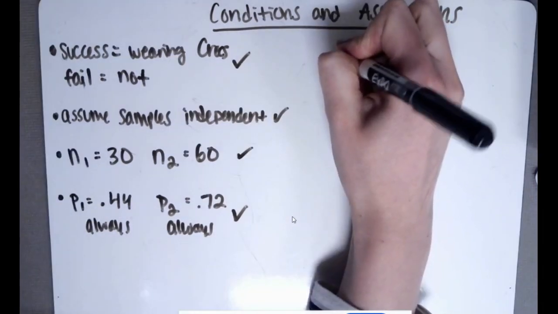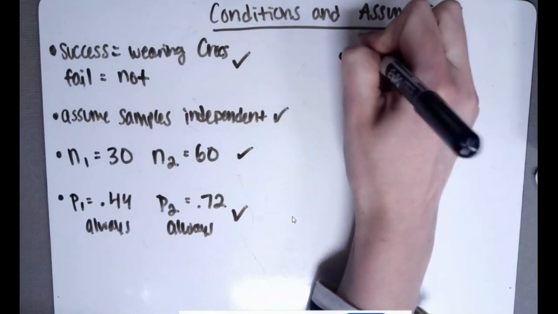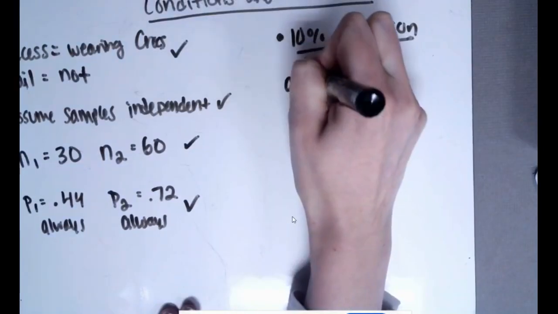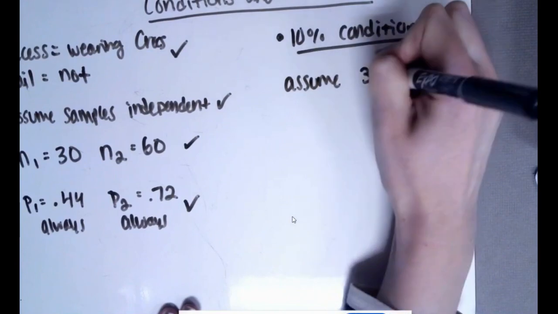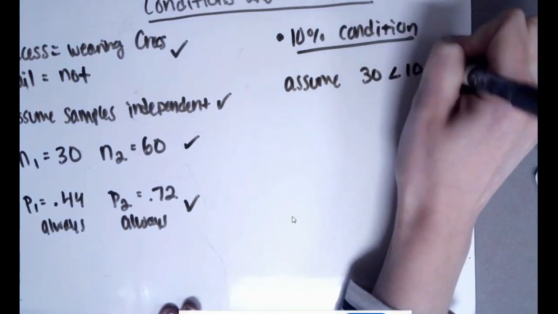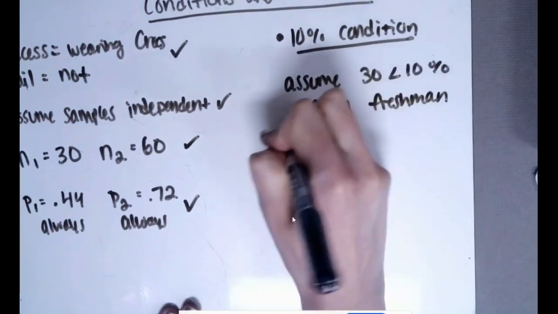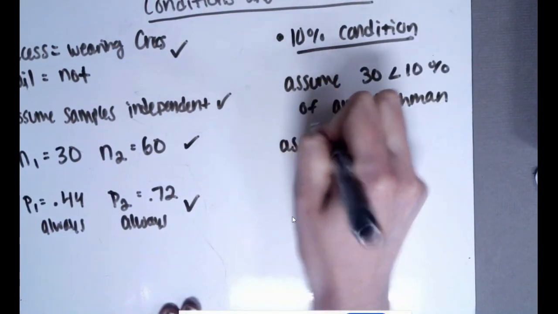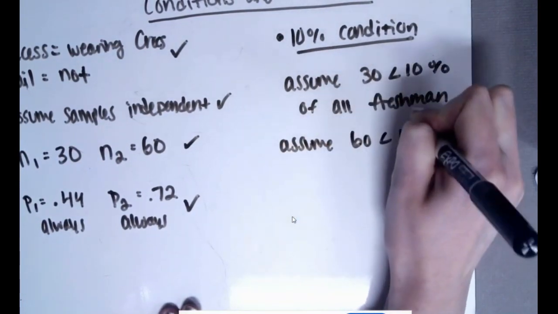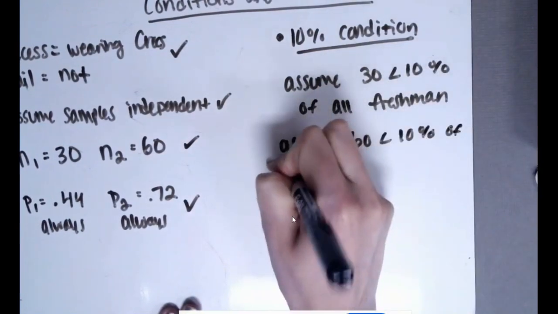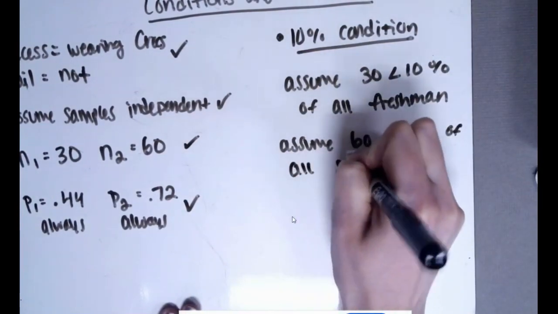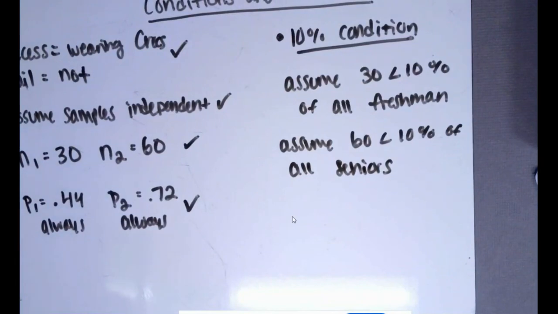So we're going to go ahead and assume for our 10% condition that 30 is less than 10% of all the freshmen. And we're also going to assume that 60 is less than 10% of all the seniors. So we can treat each student as independent.